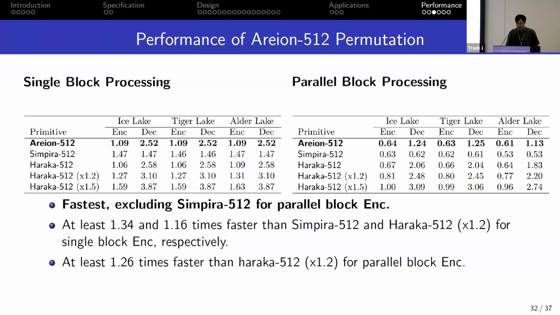And it is at least 1.34 and 1.16 times faster than Simpira 512 and Haraka 512, the round number of which is 1.2 times, for single block encryption, respectively. And at least 1.26 times faster than Haraka 512, the 1.2 times variant, for parallel block encryption.